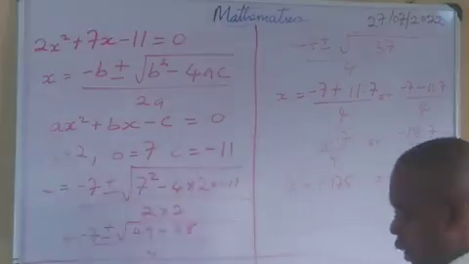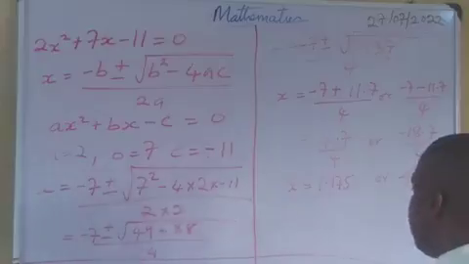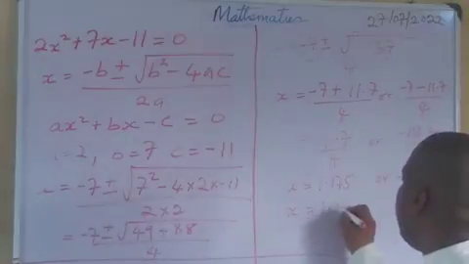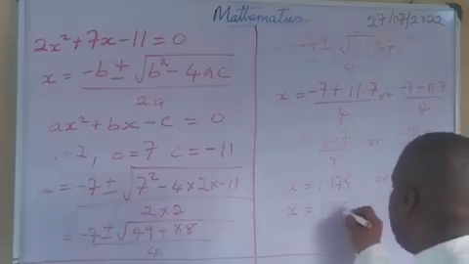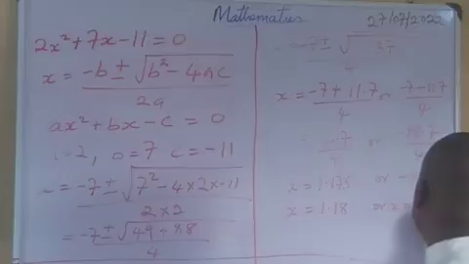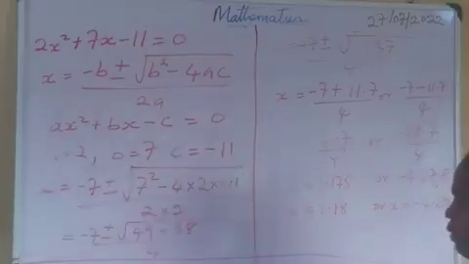Now we are asked to correct to 2 decimal places. Therefore, x will be 1.18 or x equals minus 4.68. And so that is the answer. Thank you.